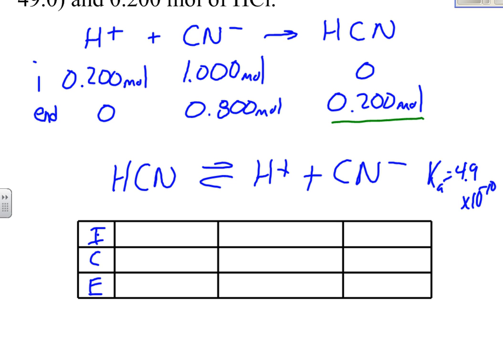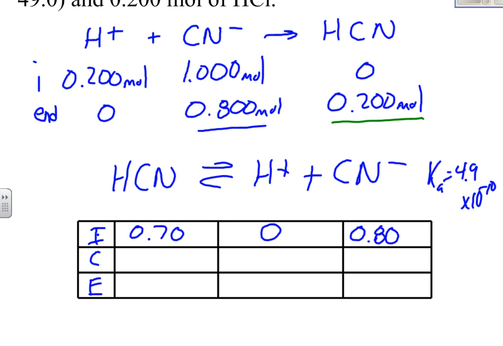So we're now going to have 0.7 moles in 1 liter, so 0.70 molar of the HCN. We now have 0 of the H+, and the CN-, we've got our 0.8 moles left over in 1 liter, so it'd be 0.80 molar. Now we have to assume that the addition of these things isn't going to change the volume significantly, but most of the time that's a fairly good assumption.